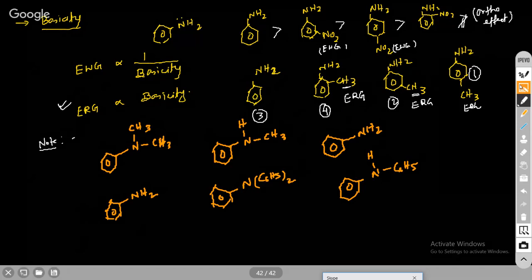Why? No, we are talking about the basic nature. Okay, so this will be because these groups are having plus I nature. Because of plus I nature, electron density here increases, and hence the tendency to donate electron will be more. So order will be this. Similarly for this one.